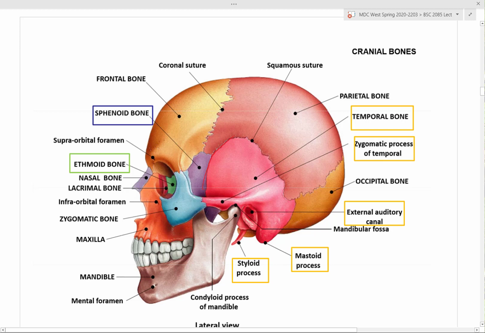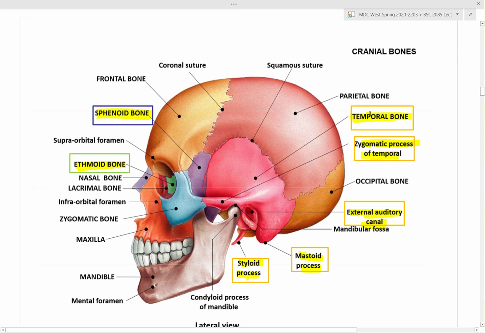Okay? So, what are we going to talk about? Sphenoid bone. That's the one that looks like a sphinx. You have your ethmoid bone. You have on the base the styloid process, mastoid process, external auditory canal, zygomatic process, and your temporal bone.